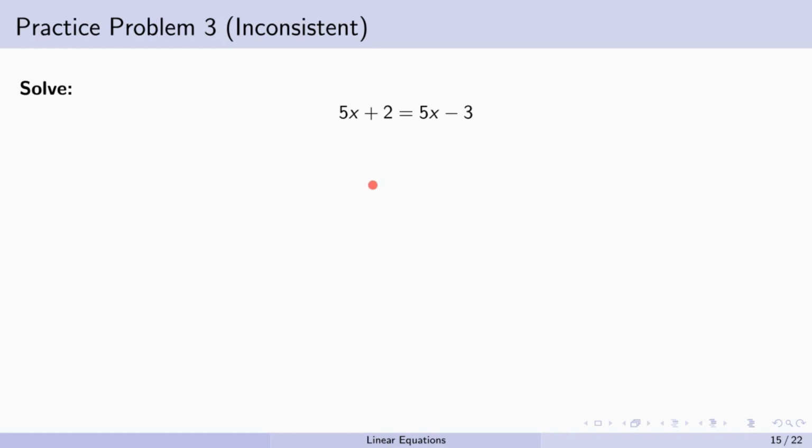5x plus 2 is equal to 5x minus 3. Let's start by again making sure that every x here is located in just one place. We must combine like terms. And every constant term here, or a term without the variable x, must also be in a specific place where the variable x is not there.